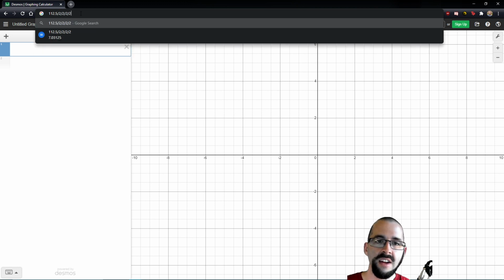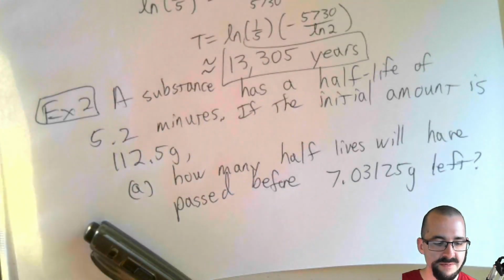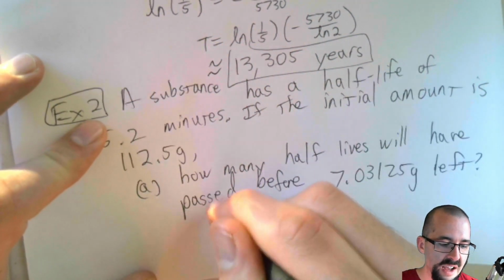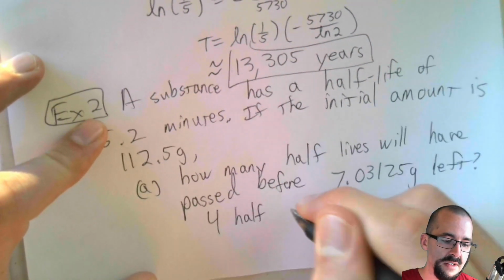We get that. After another half-life, we have 7.03125. Okay. So how many half-lives is that before we got to the number of grams that we thought we were going to get to? Well, 1 half-life, 2 half-lives, 3, 4 half-lives. Okay, so that's our answer. How many half-lives? 4 half-lives.